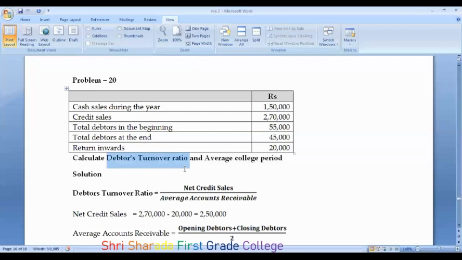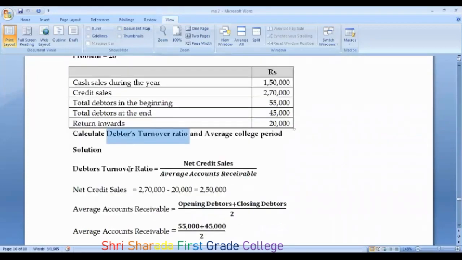Only the credit sales and the credit purchases are taken into consideration. You should not consider the information which is given as the cash sales or the cash purchases. Okay. So debtors turnover ratio includes all the net credit sales. So what is debtors turnover ratio? The rapidity of collection which will be received from the receivables will be found out.